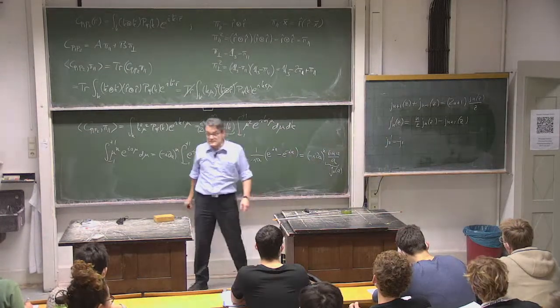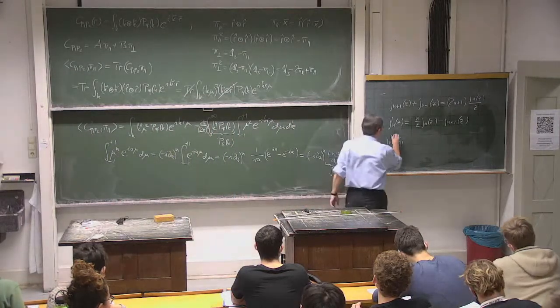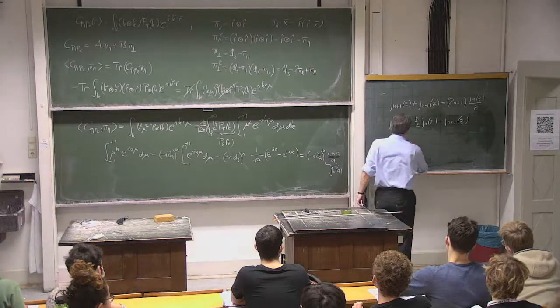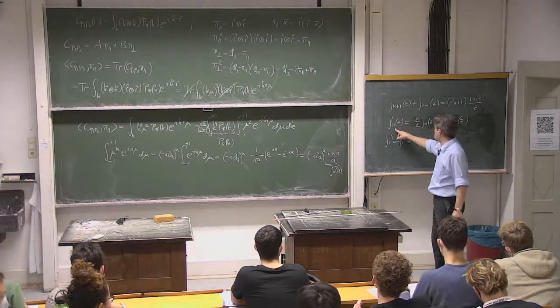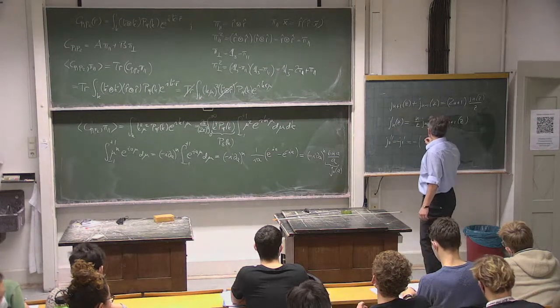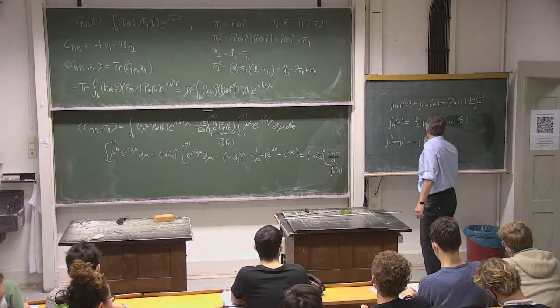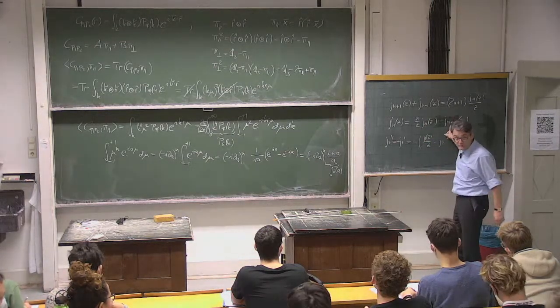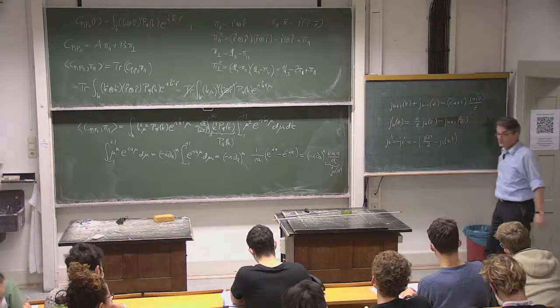But now we need a second derivative. So we need a j0 double prime. So now we need j1 prime. This is going to be 1 over z times j1. So it's going to be j1 over z, divided by z, minus jn plus 1. So this is j2 of z.